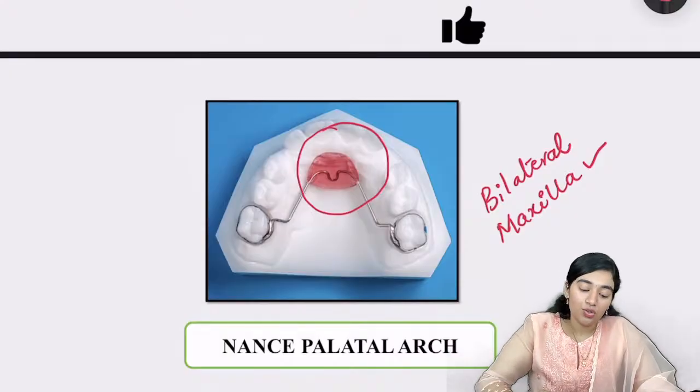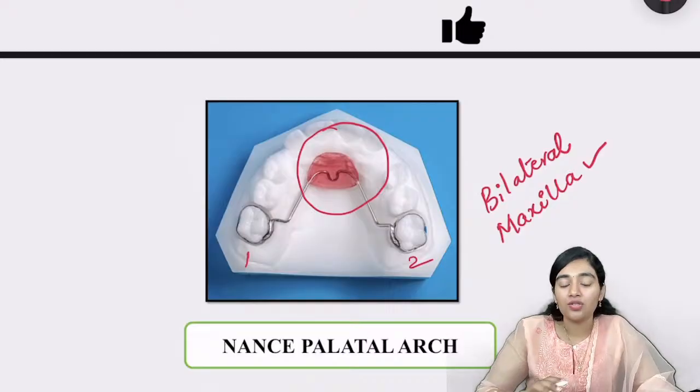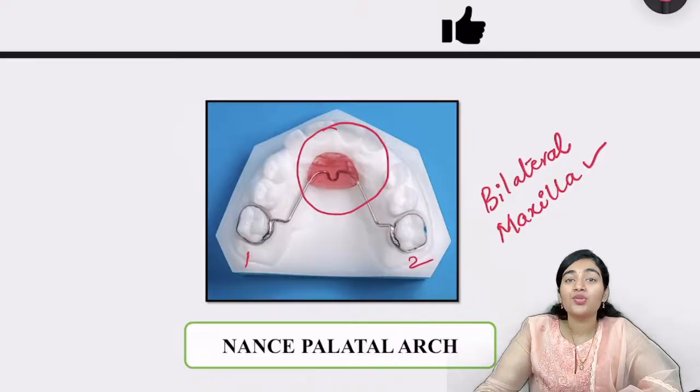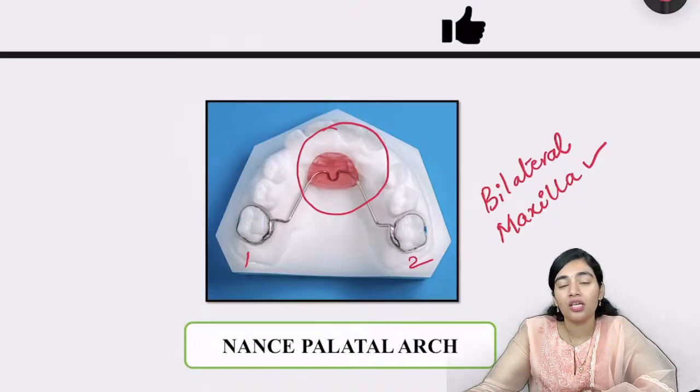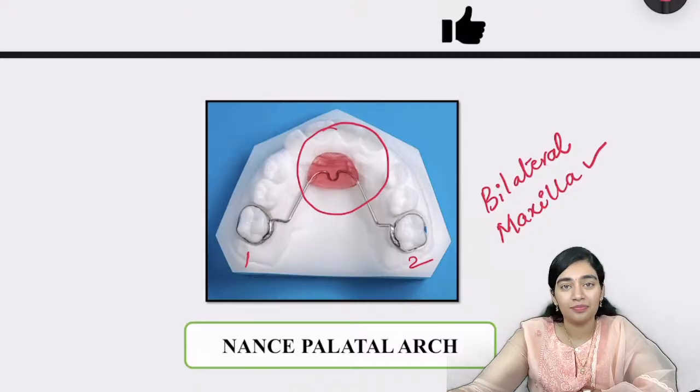All right. So here we are taking two abutments again, and the wire is spanning the entire length of the maxilla, and there is an acrylic button that is approximating the anterior palate. So this is our Nance palatal arch. It is also called the Nance holding arch. All right. So the main indication of Nance palatal arch is whenever there is multiple posterior teeth loss, either unilaterally or bilaterally in case of your maxilla.